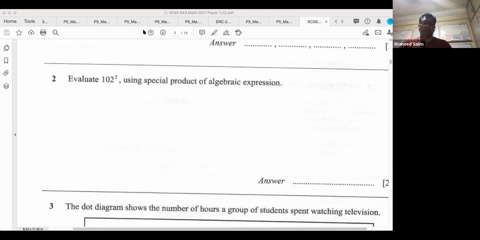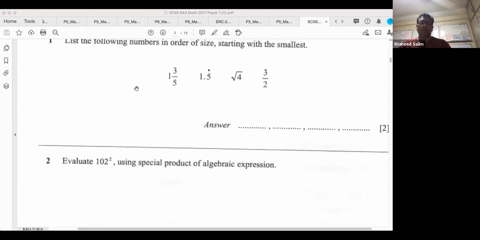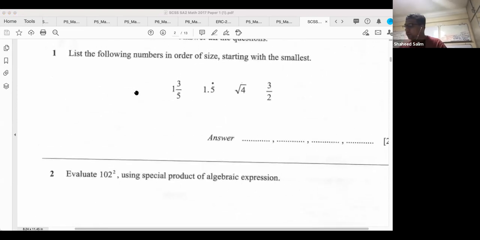Like, you can try one also. You all can start with one also. Okay, maybe one is easier. You can start with one.